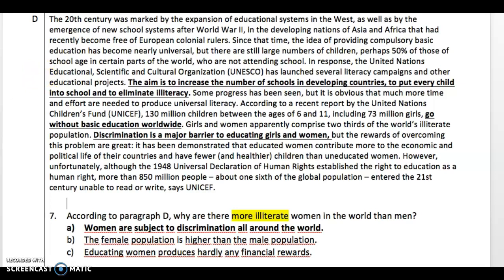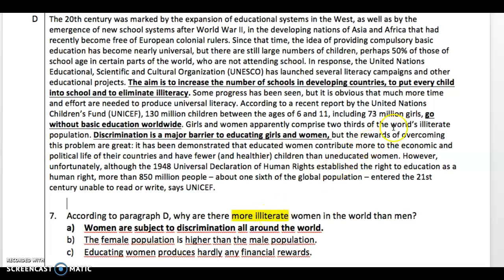All right, in this question we are asked about why are many women more illiterate in the world. Illiterate means people who don't know reading or writing.